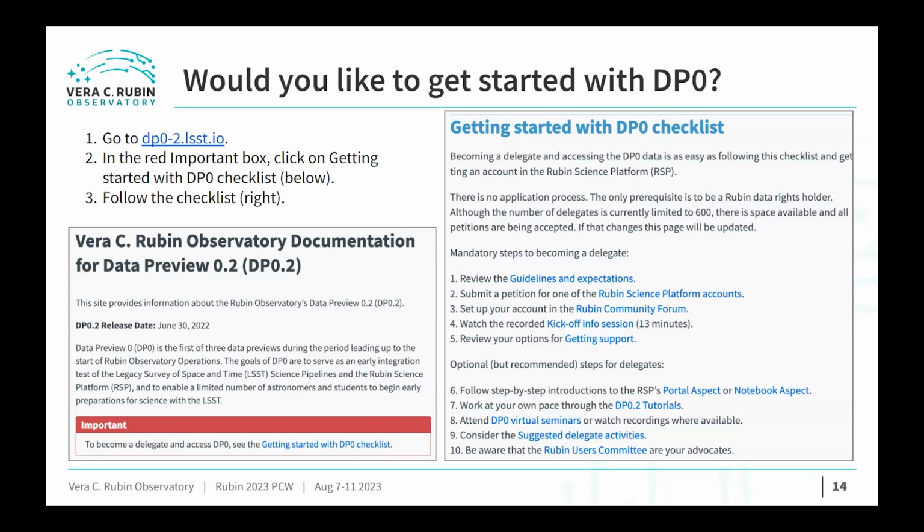If you don't yet have an account in the Rubin Science Platform, you can start this process. You can go to our Getting Started with DP0 checklist now. You can fast track your way. Start with number 2, submit a petition for a Rubin Science Platform account. If you get that started now, it will ask you for some information like an email address.